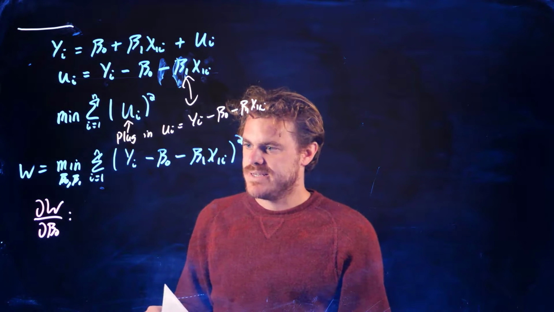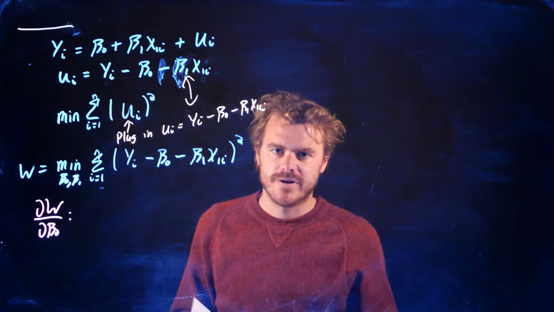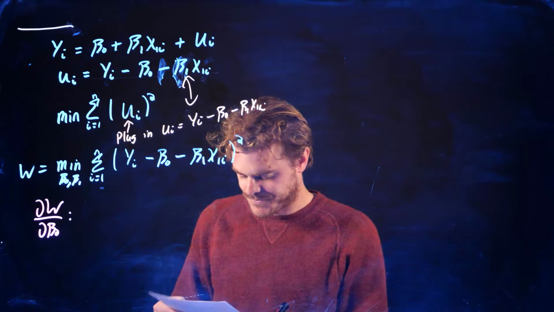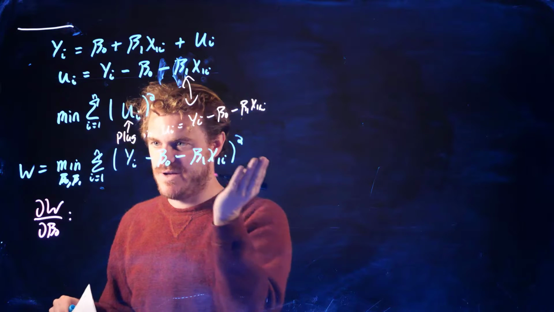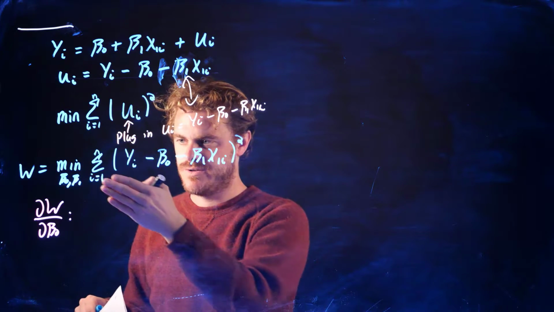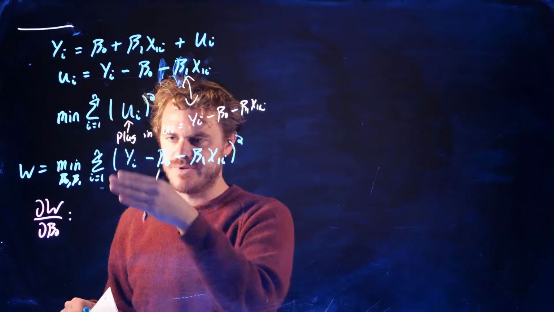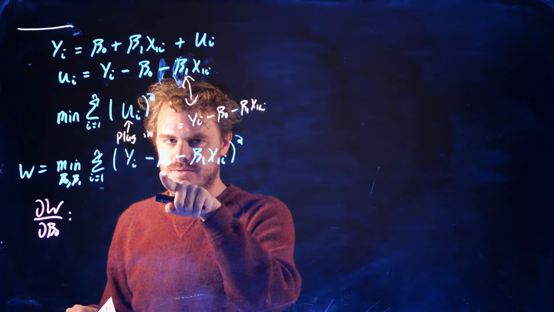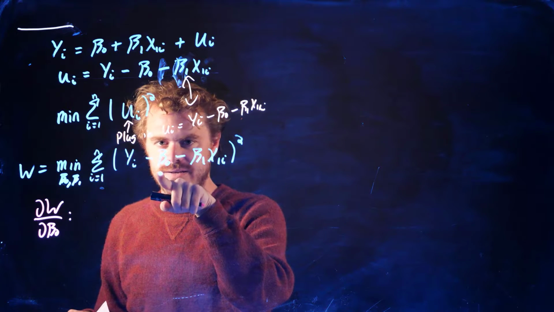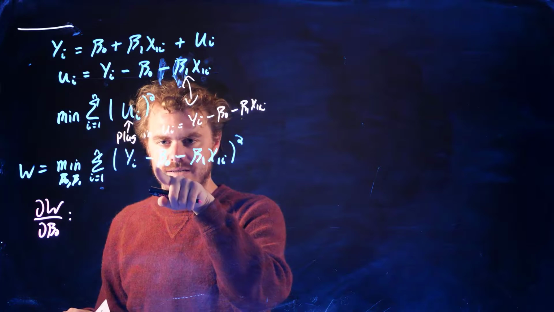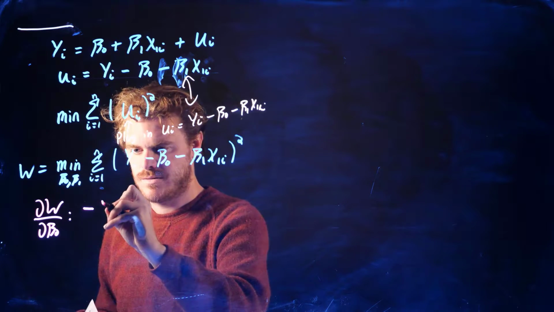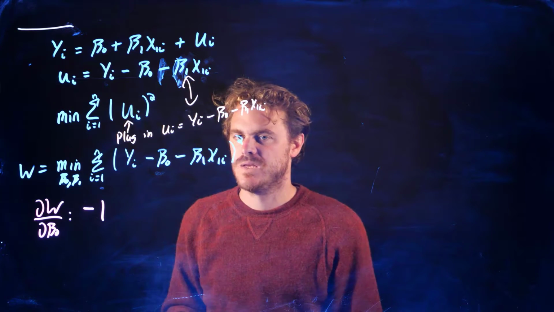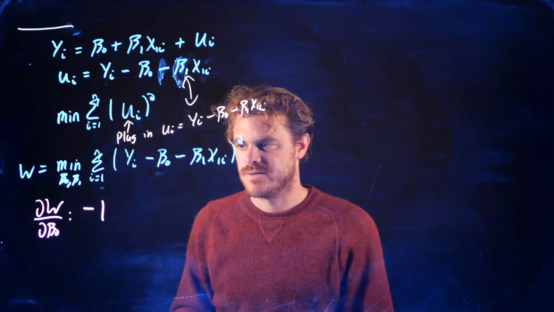So we're trying to minimize this, so we're going to take the derivative and set it equal to 0. Let's take the derivative of this function with respect to beta 0. The derivative of the inside is minus 1. And then we need the derivative of the outside.